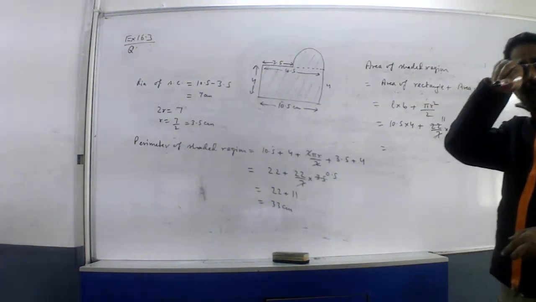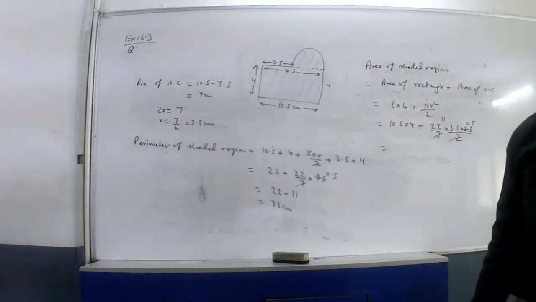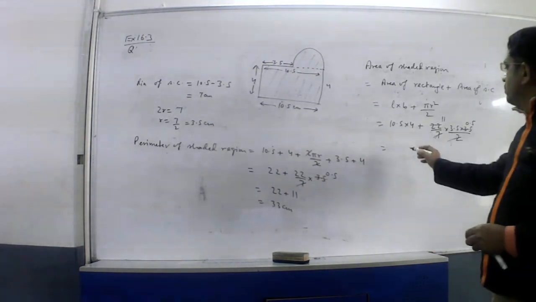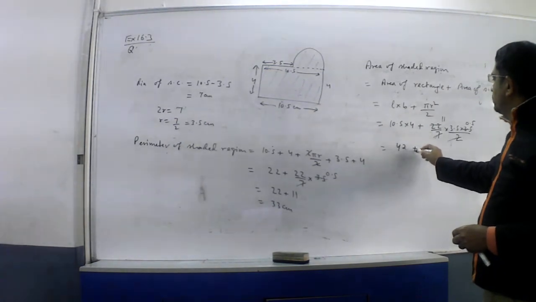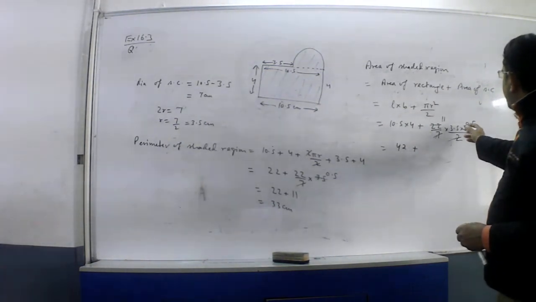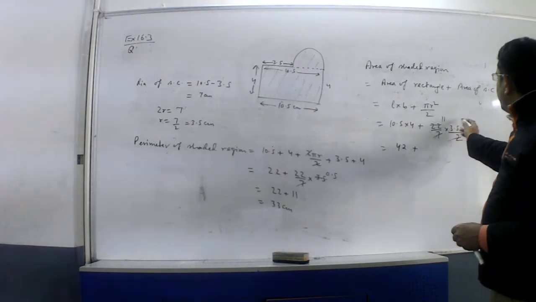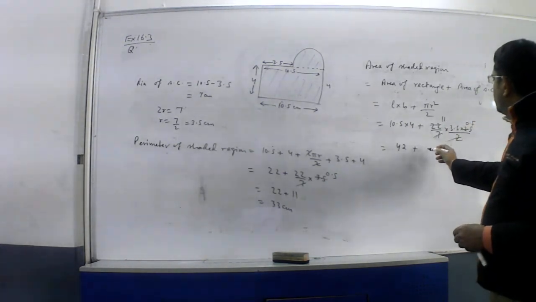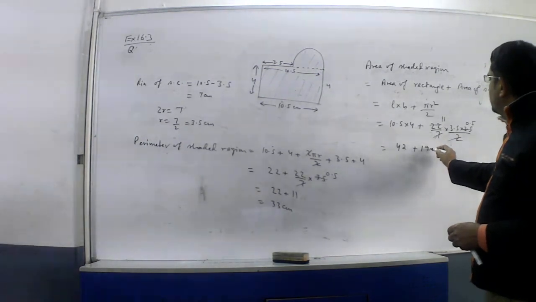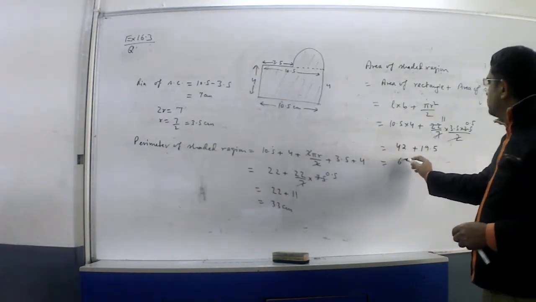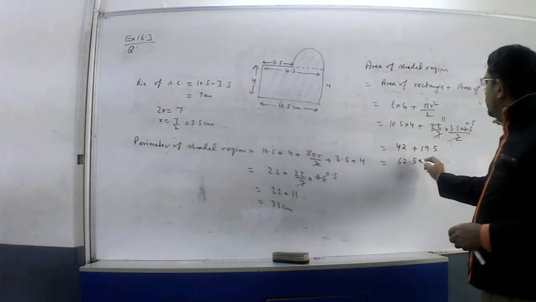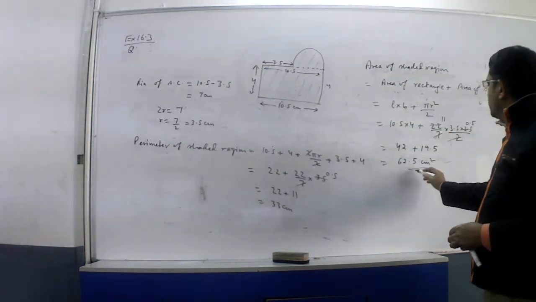So multiply and add, you get 10.5 into 4 is 42 and this when you multiply 11 5 is 55, 55 into 5.5 into 3.5 you get 19.5 and that you get as 62.5 centimeter square.